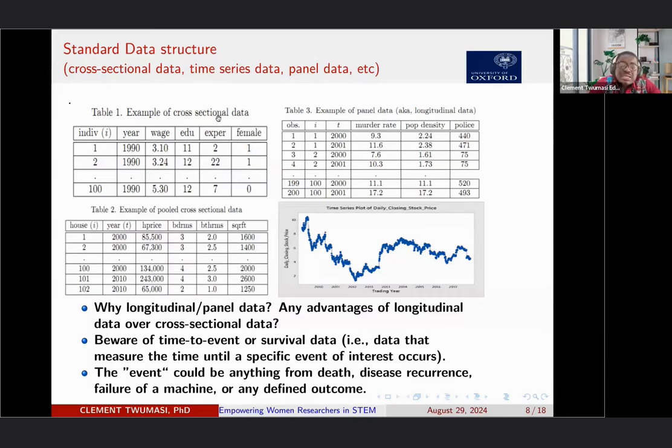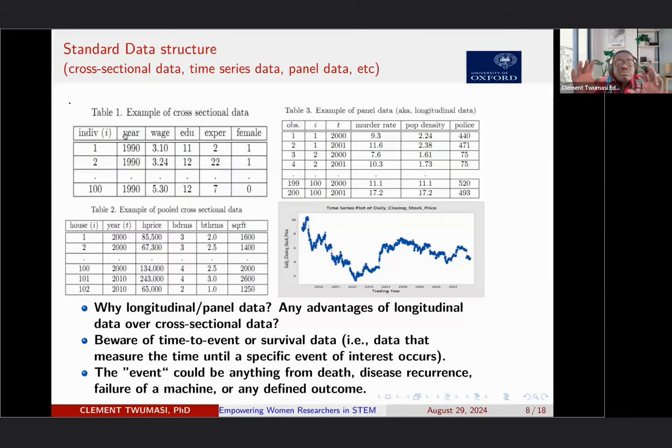Now, when you talk about cross-sectional data, bear in mind, this is how we record data. Each column, where I'm indicating, is where your variable headings or variable names must be. Don't put individuals, let's say, don't put the first variable here and put year at this point, wages at this point, education at this point, female or gender at this point.